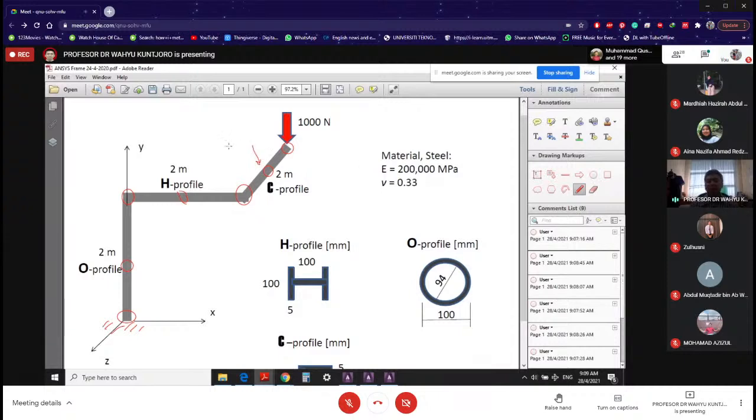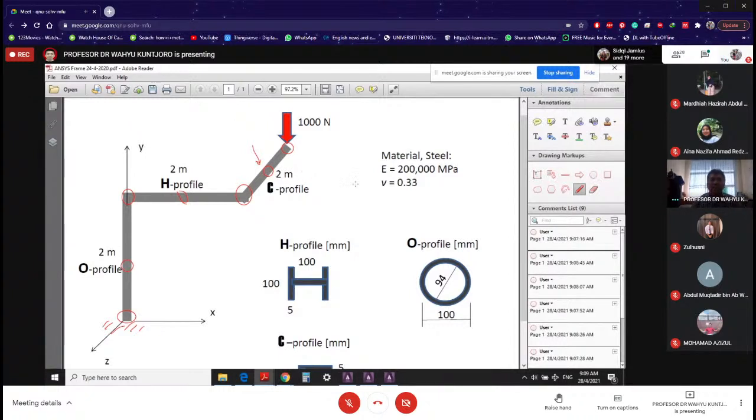then the coordinate of this node is going to be x, 2 meters, y, 2 meters, and z, minus 1 meter.